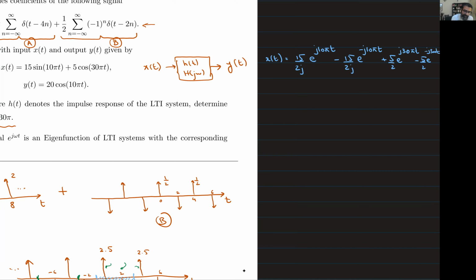Okay, and if this is the input to an LTI system, what would be the output of the LTI system?